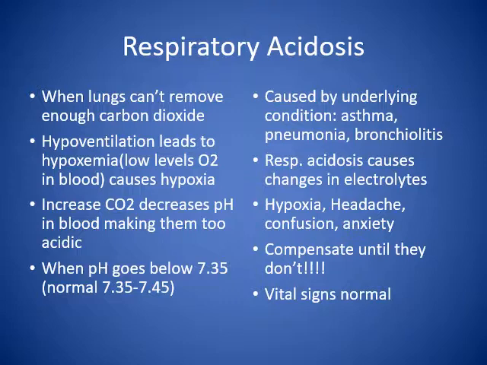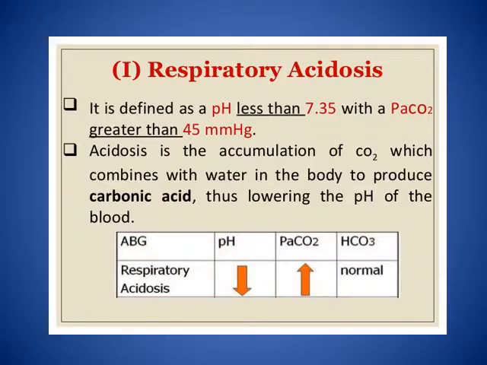You have a mismatch between your carbon dioxide and your oxygen. Signs of respiratory acidosis that you see clinically would be hypoxia, you'd be tachypneic, restless, confused, you would have increased work of breath. Your pH in acidosis goes below 7.35.